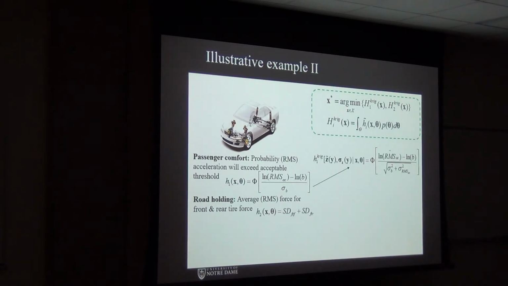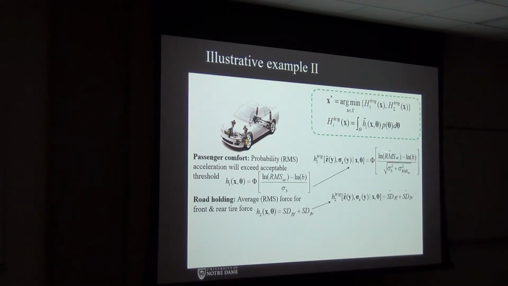This comes directly from the infusion of the uncertainty from the meta model. For road holding, you can prove that the meta model uncertainty, if you're just looking at expected values, does not appear. So one objective is modified and the other is not, by incorporating the meta model prediction error.